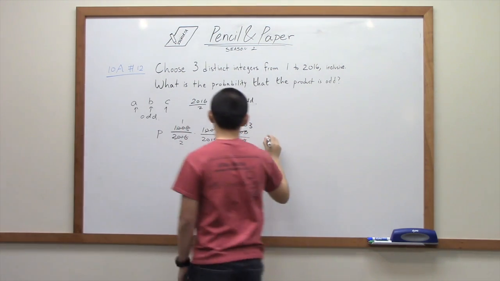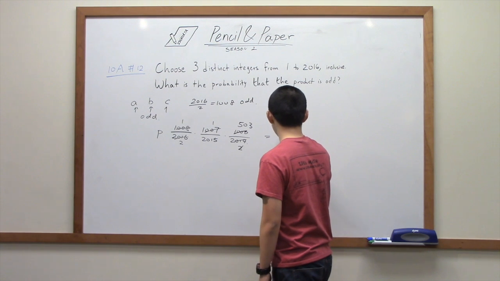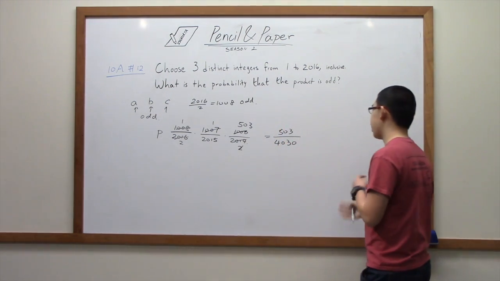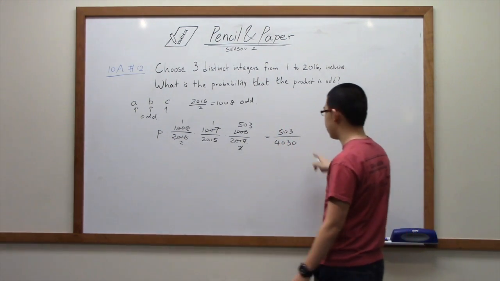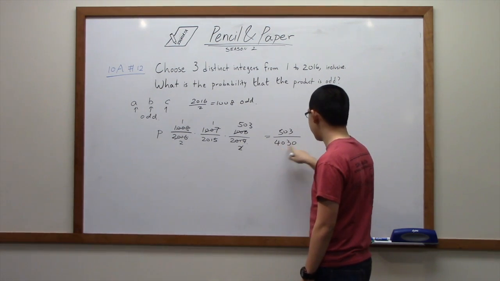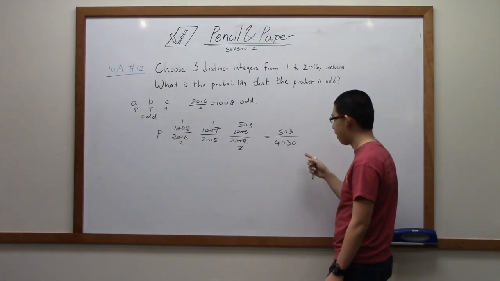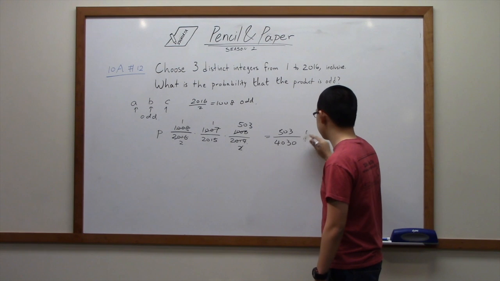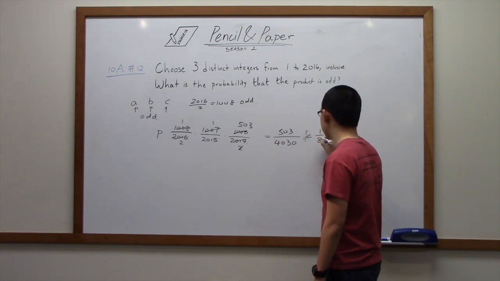So if we multiply this out, we get 503 over 4030. And the question actually asks us to compare it with 1/8, and it's actually not difficult to see. So 1/8 of this is about 507.5. So this is less than 1/8.